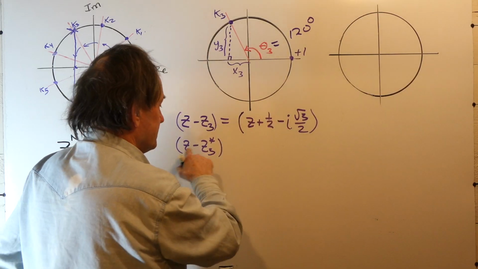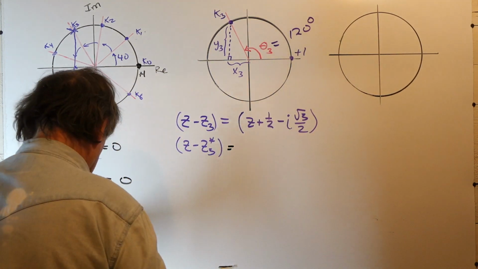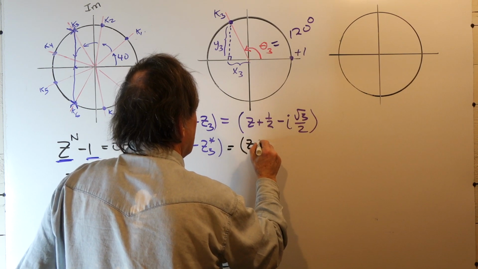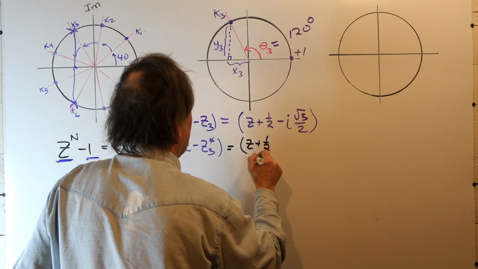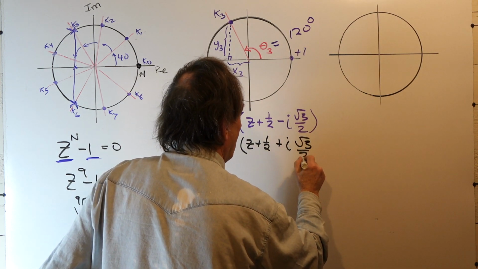So we would write z minus z3 conjugate as z plus 1/2 plus i square root of 3 over 2.